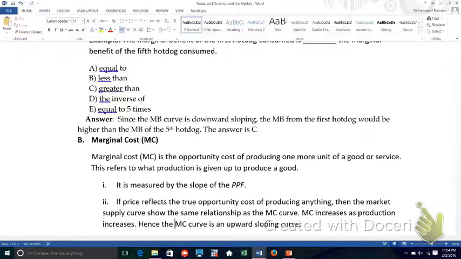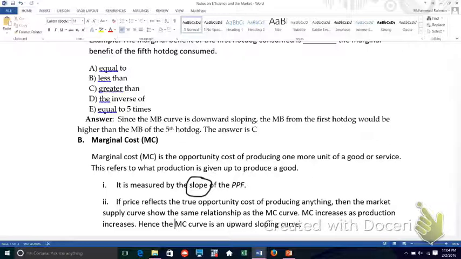And we have just learned that our marginal cost is also reflecting the same opportunity cost. Therefore, we can say that the slope of the production possibility frontier can help us to get an idea about opportunity cost, and therefore it can also give us an idea about marginal cost.